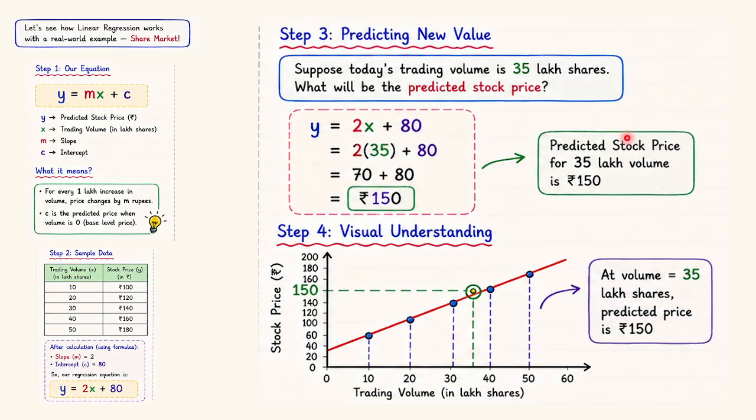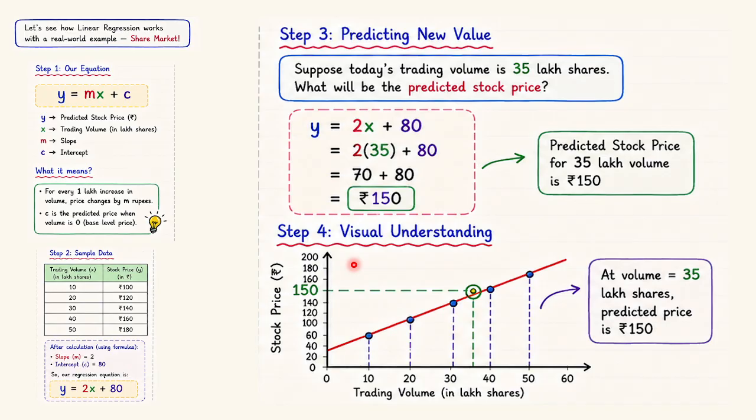That is, the predicted stock price for 35 lakh volume is 150 rupees. So when we give 35 lakh shares as the new input, our linear regression model predicts a stock price of approximately 150, right? We need to keep in mind this is approximately 150.